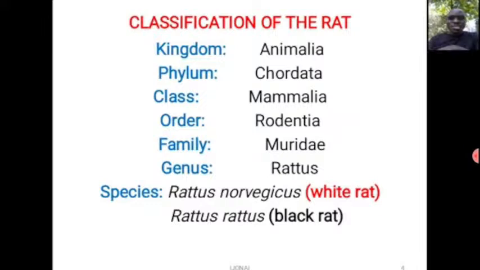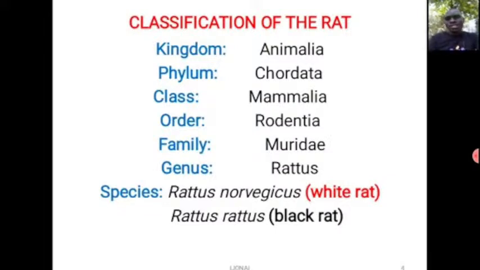So by senior 5, senior 6 now, you should be in a better position to understand them other than just cramming. When you look at our specimen for now, the rat, you realize that it belongs to kingdom Animalia. So what does that mean? Rats are animals. Phylum Chordata, so they are chordates.